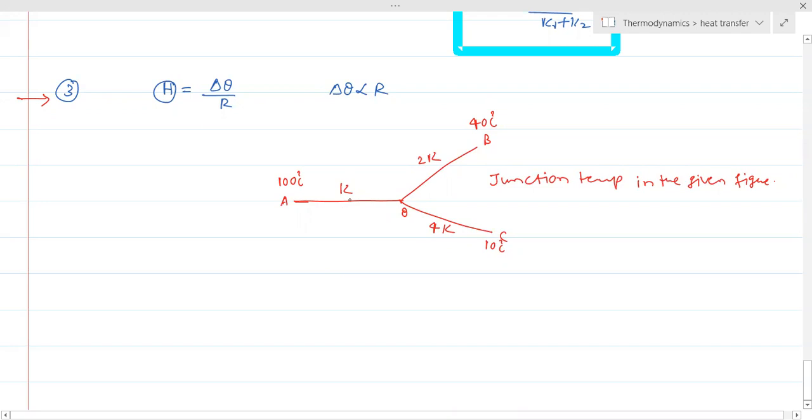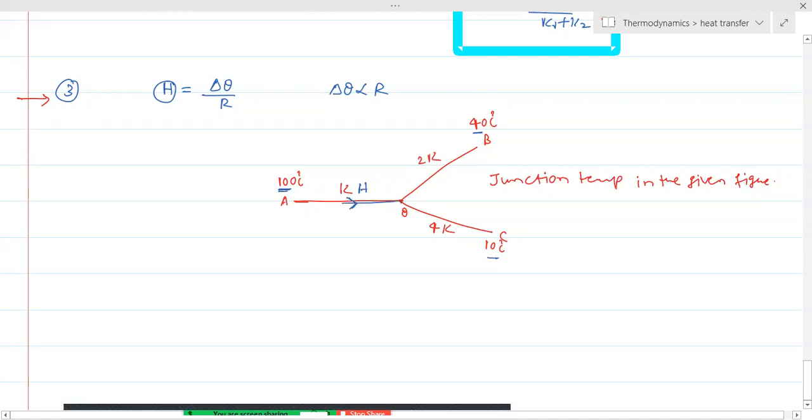Here, this is the heat current, because this is the hot end, and these are relatively cold ends. We can see that the amount of heat current passing through here may be split into these two branches as H1 and H2. So simply by analyzing that, we are going to do the problem.